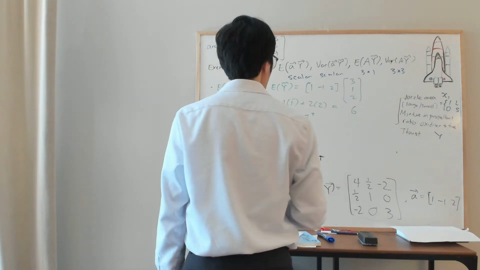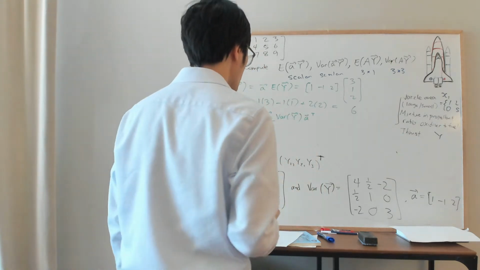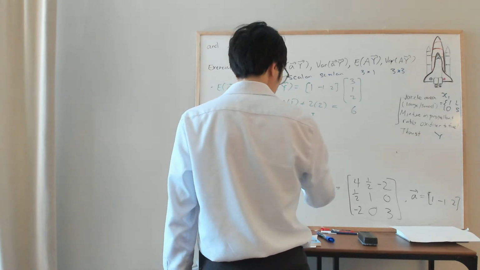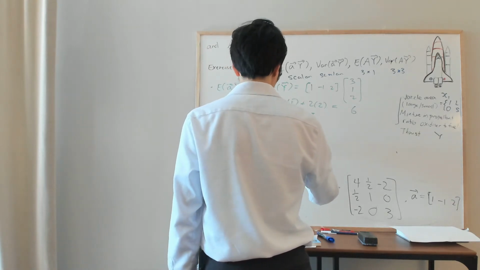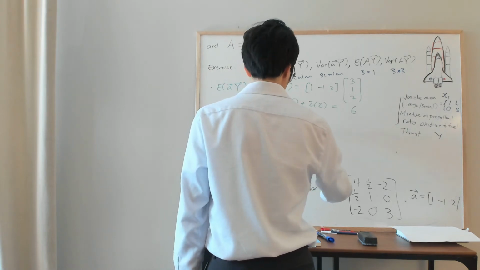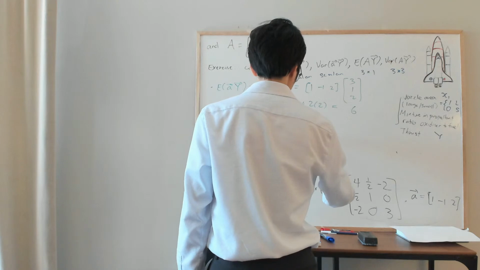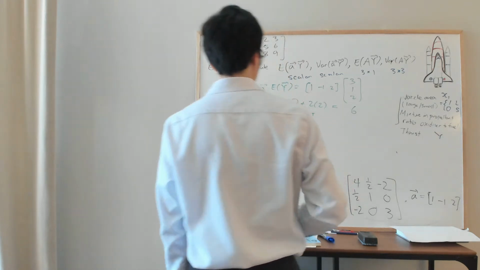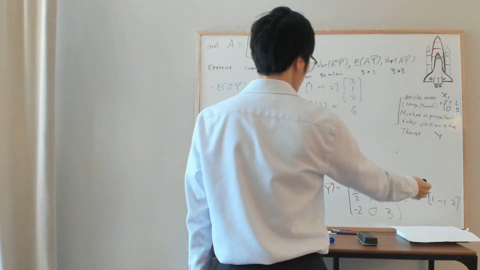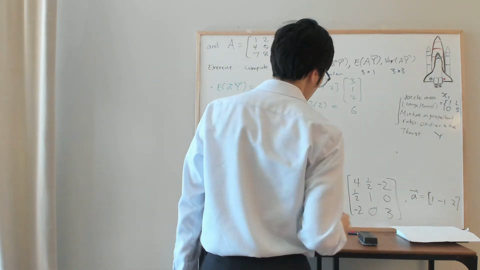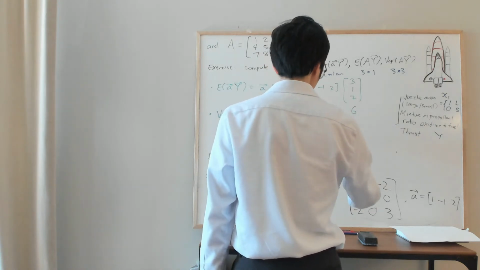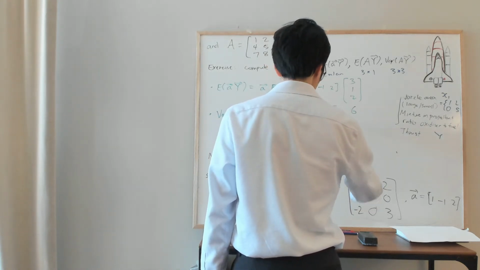So that needs to be multiplied by this covariance matrix. So let's copy it down. 4, half, minus 2, half, 1, 0, minus 2, 0, 3. And then I need to multiply A transpose. So A transpose transposes the row vector into column form. So we'll write this as 1, minus 1, 2.